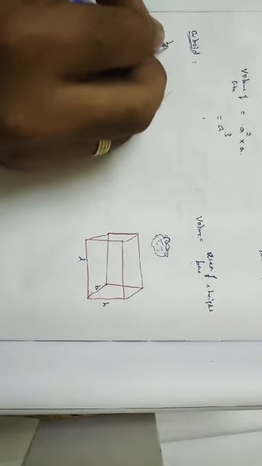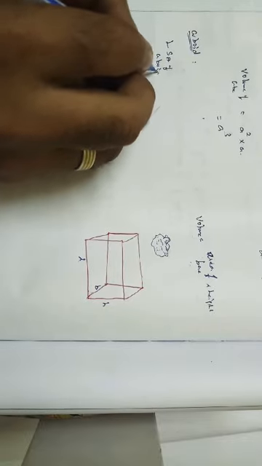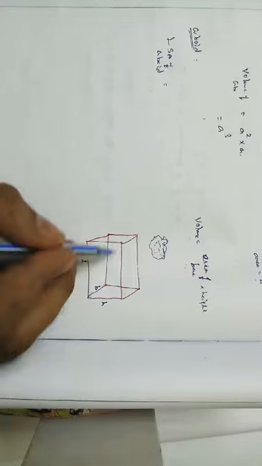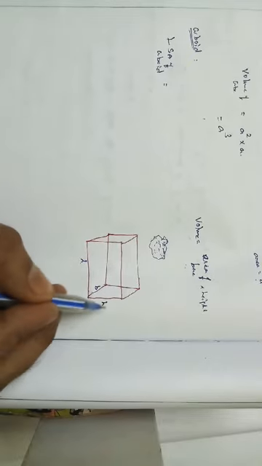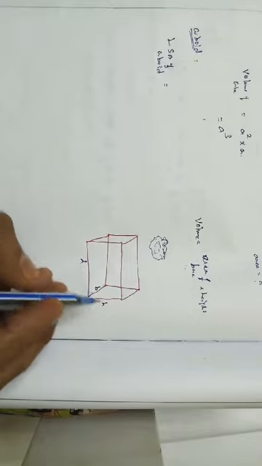Now we're going to find the LSA of the cuboid. So we want to leave the top and bottom. We only want to calculate the remaining four rectangles, which are two kinds of rectangle.